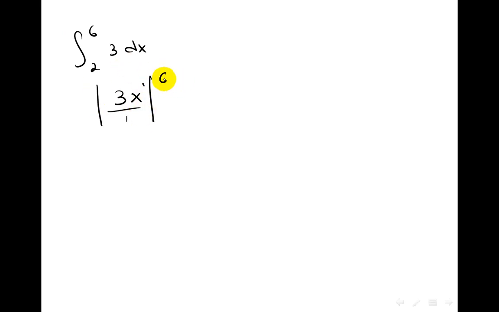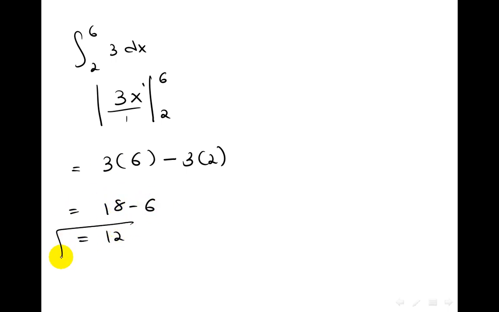You put the boundaries 6 and 2. You start with the 6, replaced instead of the x, minus 3 times 2. So this will be 18 minus 6, which gives you 12. This is our answer.